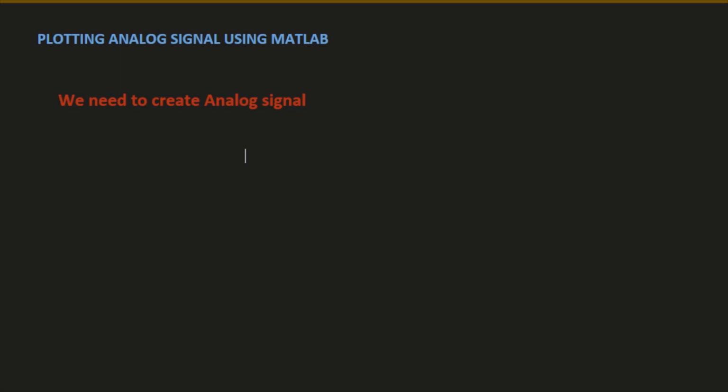Before we start the MATLAB coding, we first will understand some basic things about analog signals. Let me consider a simple example of a sinusoidal wave.